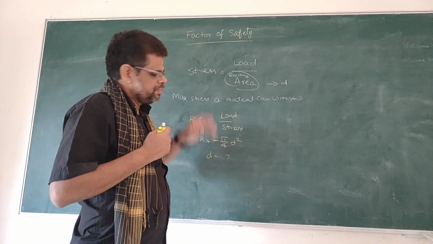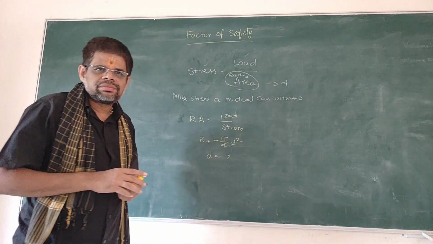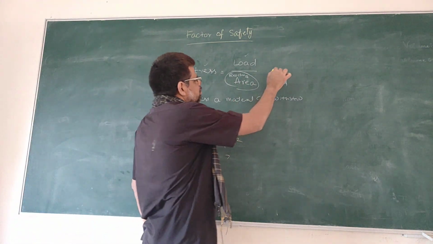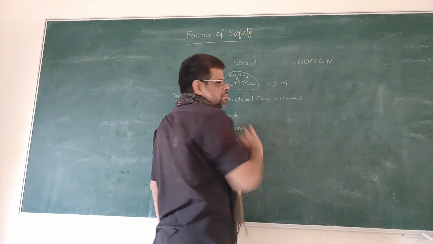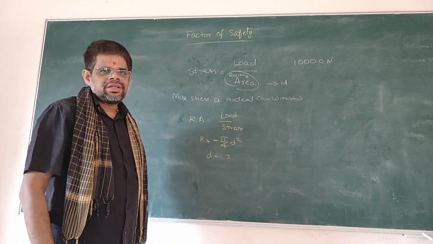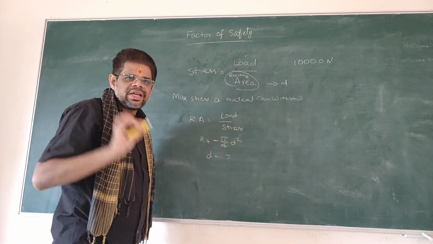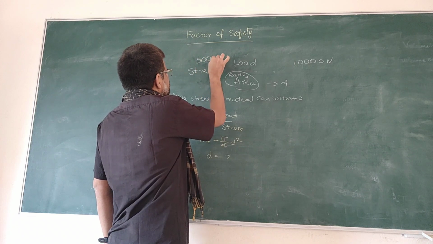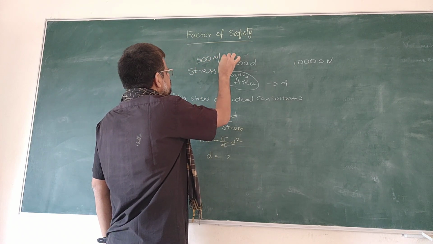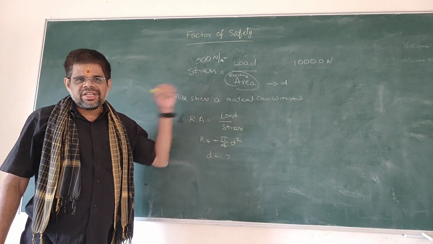Okay. Now you have designed a component at a load of, say for example, 10,000 newtons. And the maximum stress value is, say, 500 newtons per square meter. Now what is the resisting area? Tell me.